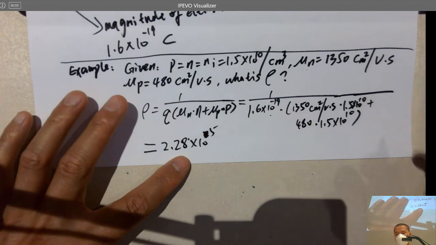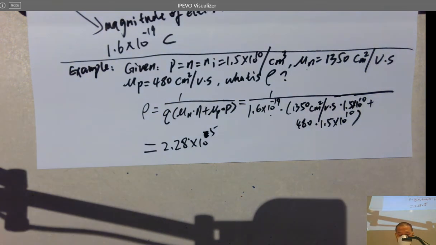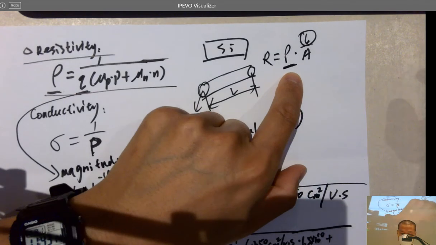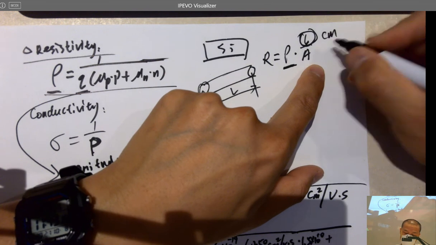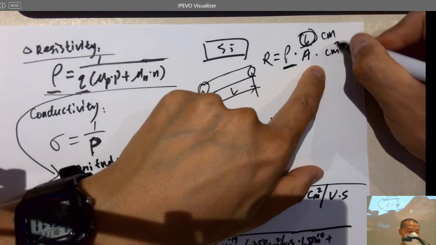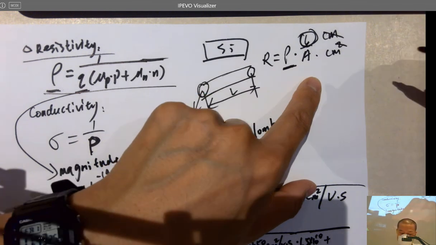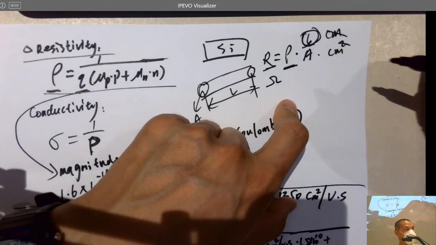So what should the unit be? What's the unit of resistivity? So look at here. This one is centimeter, and this one is square centimeter. So you are getting 1 over centimeter, and eventually this is ohms.